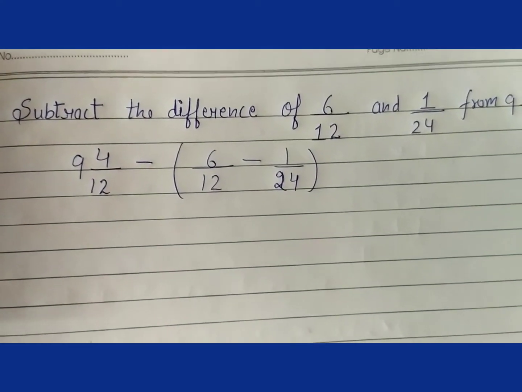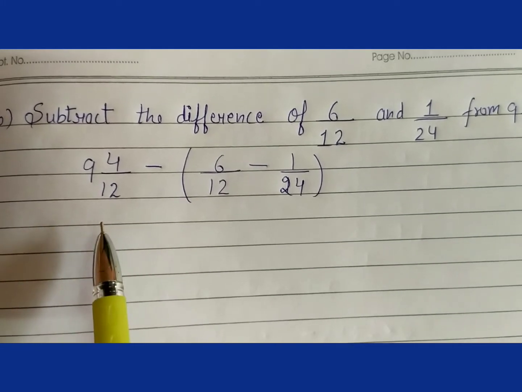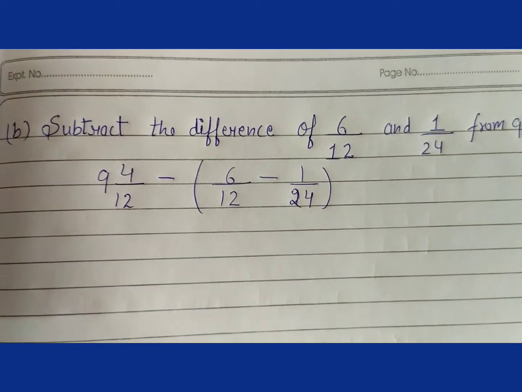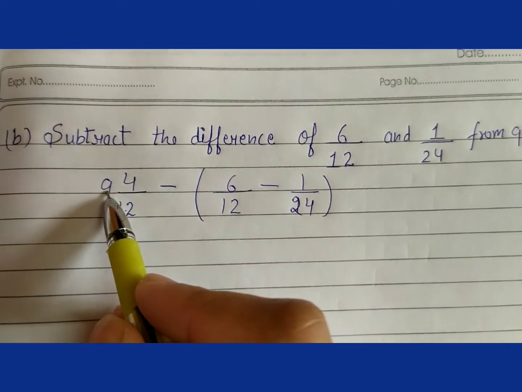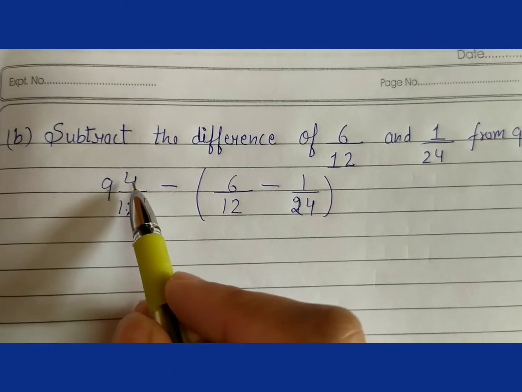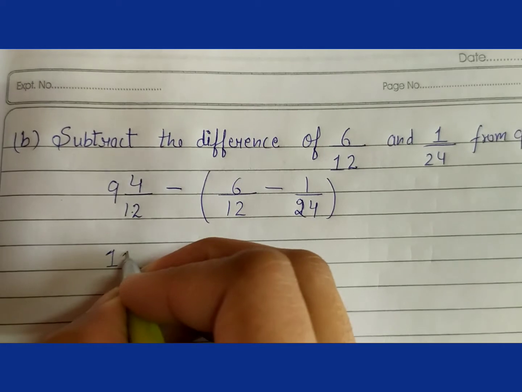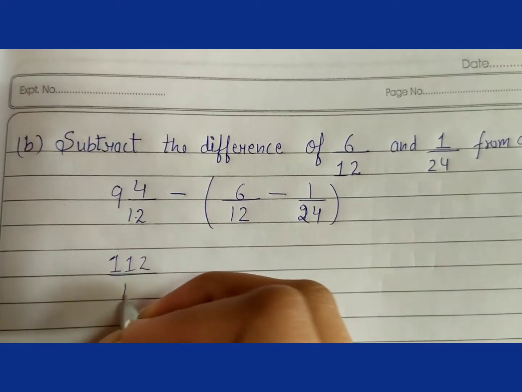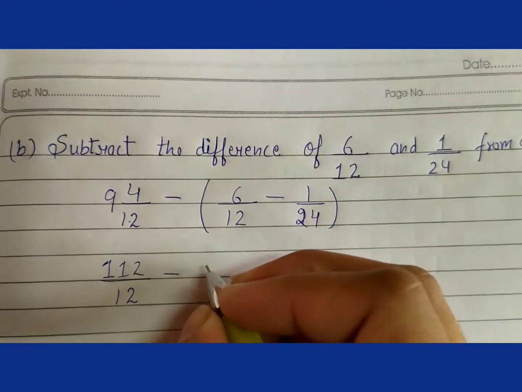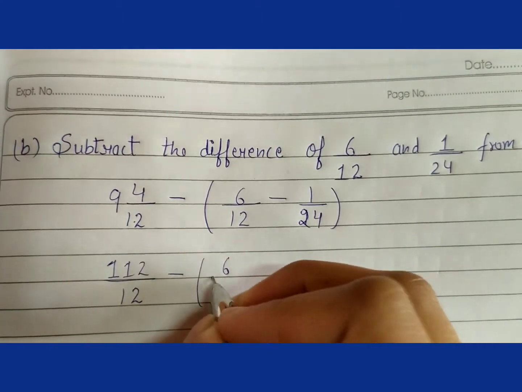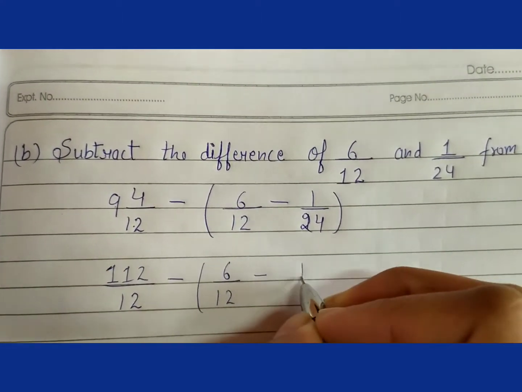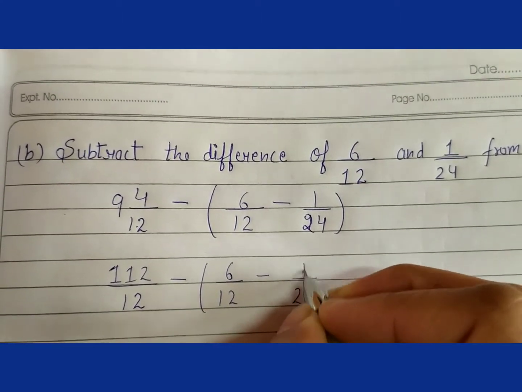First change into improper fraction, that is 12 multiply 9, 108, add 4, 112. Write 112 upon 12 minus 6 upon 12 as it is, 1 upon 24.